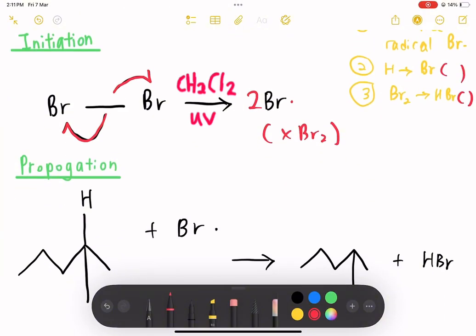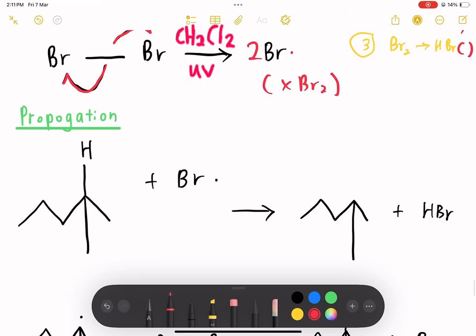Then it will not take the hydrogen from the other carbon, but will take from this carbon because this is tertiary, but this one is primary. This one is primary and this one is secondary.